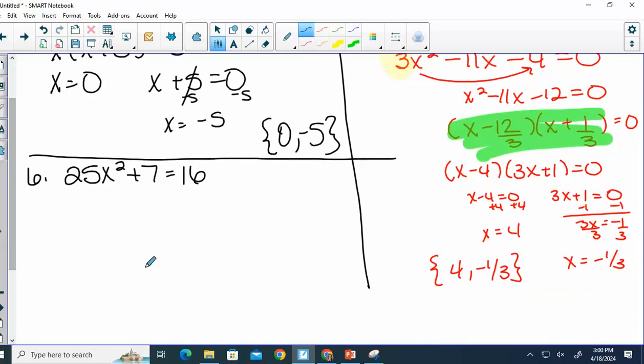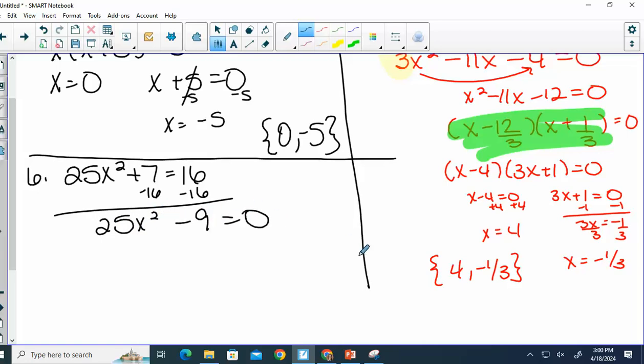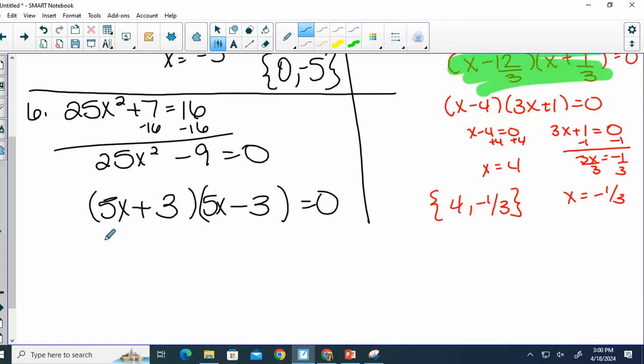Last one. What do we do? So we get 25x squared minus 9 equals 0. Do we have a greatest common factor? No. These are two perfect squares. So difference of squares, identical parentheses. One's plus, one's minus. Square root of 25x squared, square root of 9. So set those to 0.